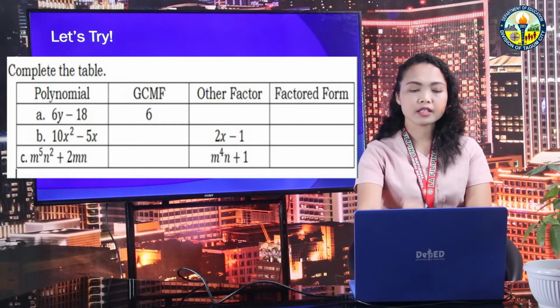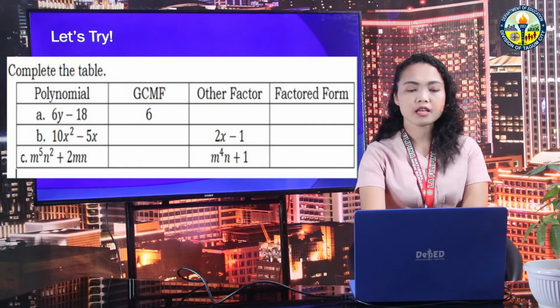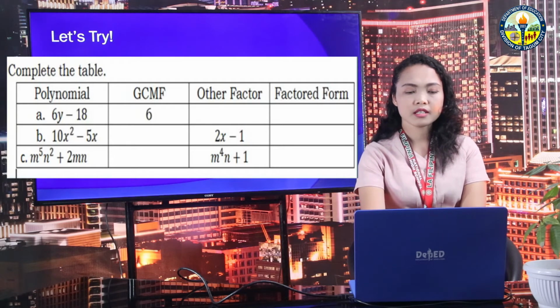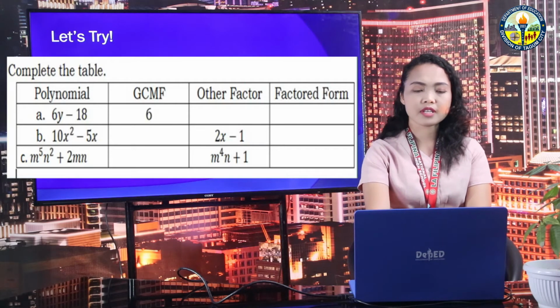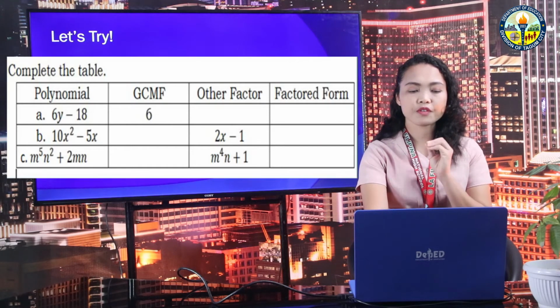So we have here in the table the polynomial. So we have letter A, 6y minus 18. Letter B, we have 10x squared minus 5x. Letter C, m to the 5th power n squared plus 2mn.